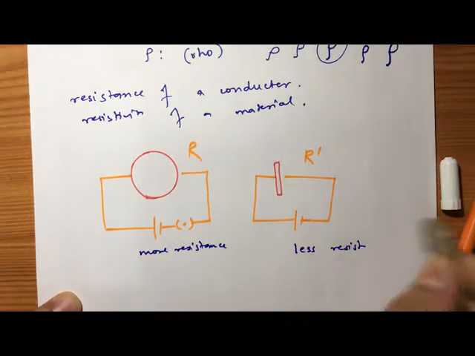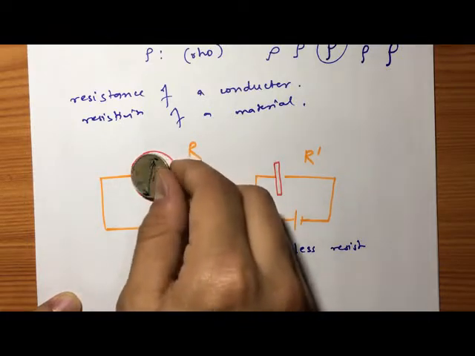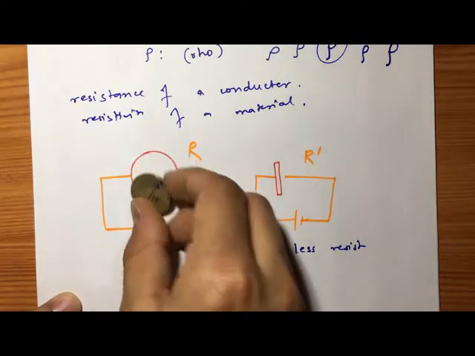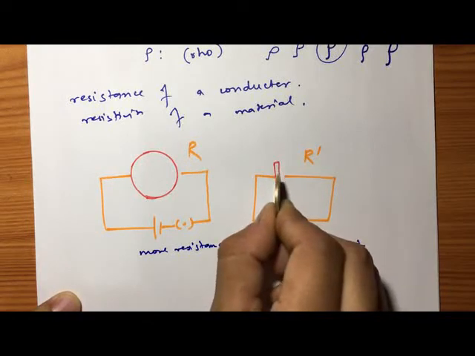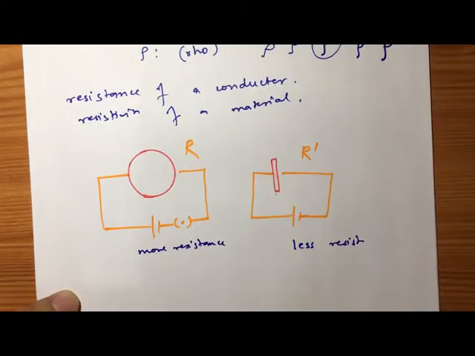So by changing its dimensions, we can alter its resistance. I will consider this conductor A. Now if I change its dimensions, I will consider it another conductor B, and in those two cases we will have different resistance.